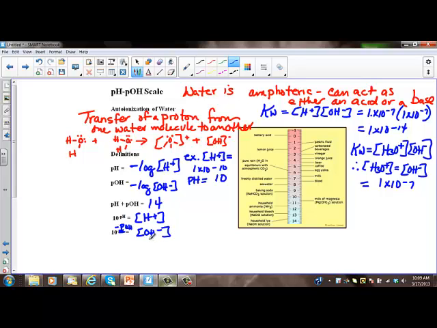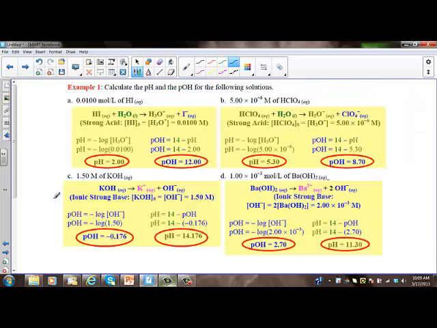Okay, before I have you do the table that you have next on your sheet, I'm going to go through a couple of examples of this to make sure that you really know what you're doing. Here's the first example: calculate the pH and the pOH for the following solutions. So if I have 0.01 molarity HI, we know that HI is a strong acid. It's going to completely dissociate, notice the one-way arrow, into H3O+ and I-.